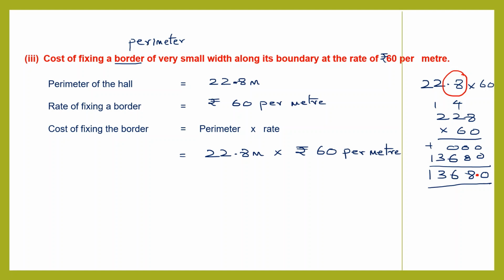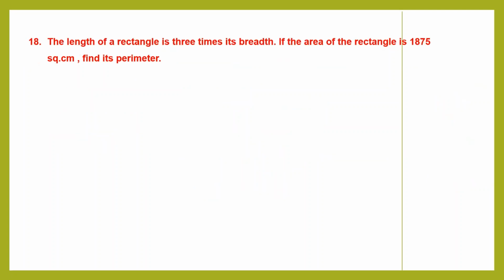So now we have 1368. Let's write that down, 1368. And since it is the cost, the unit is rupees. So we have found the cost of fixing a border to be 1368 rupees.